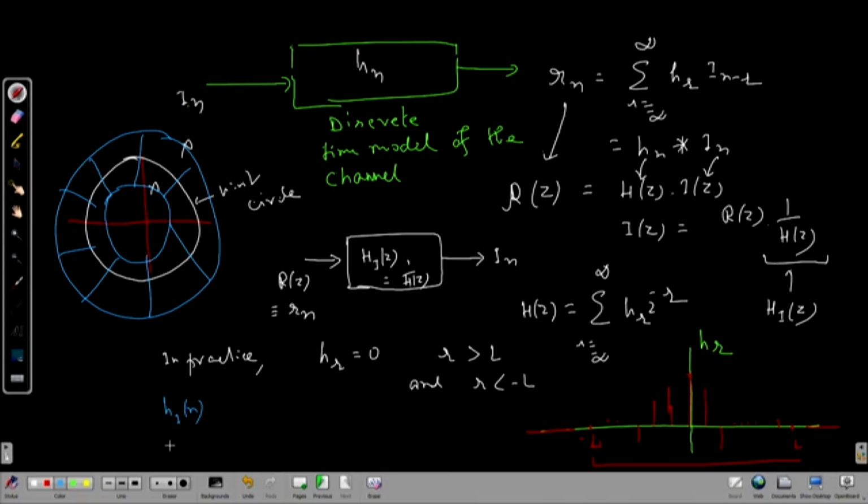But one thing is there, stable means if you take the absolute value of the samples and sum, this is finite. This is the condition of stability, absolutely summable. This is all from basic DSP. A linear time invariant system is stable if you take its impulse response, take the mod of the samples and sum over all, and that is finite.